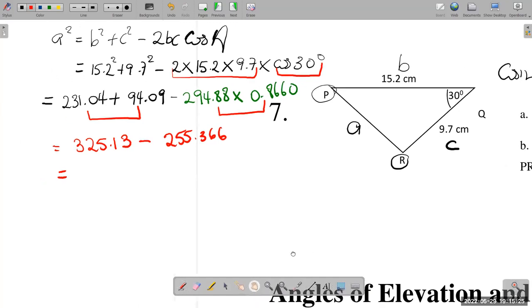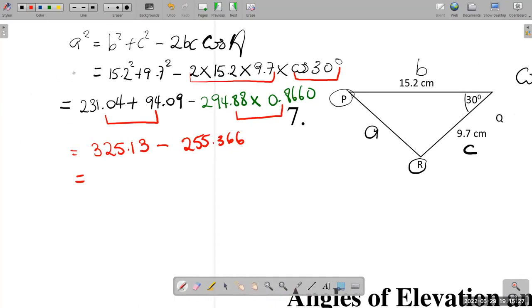Keeping in mind, what have we been finding this whole entire time? Yeah, I realize it's a square, a square, a square, a square. So when we subtract it, what do we get? 69.764. So what would be the last step though? What's the last step if we want a and not a square?